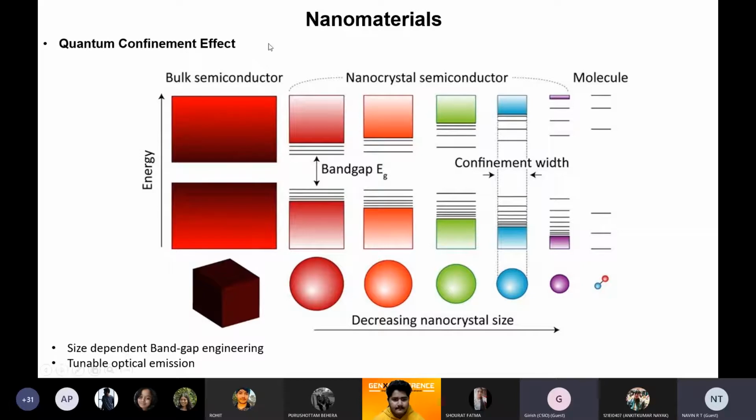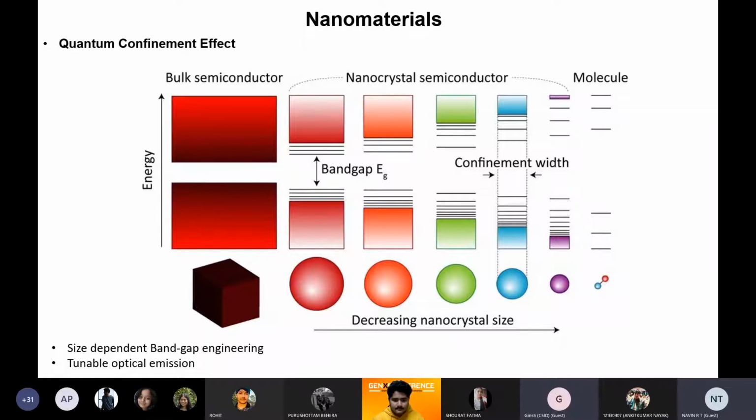Now, in the bulk counterpart, there is a continuous formation of energy bands, so there are all the available energy states where an electron can go. But in the case of nanoparticles, when an electron is excited, it has a very limited set of energy states where it can actually go because of this confinement. It wants to come down and release its energy, but there are not many available states.